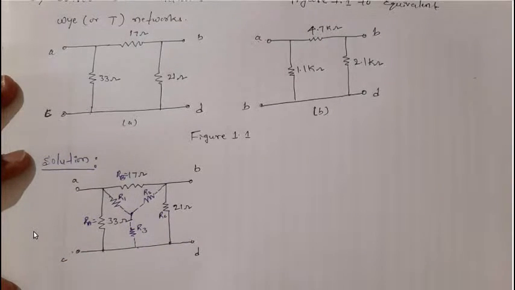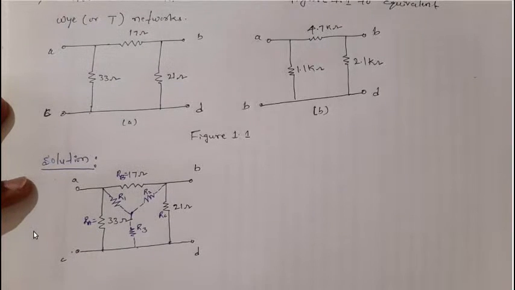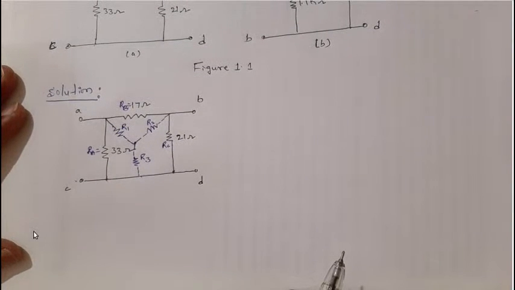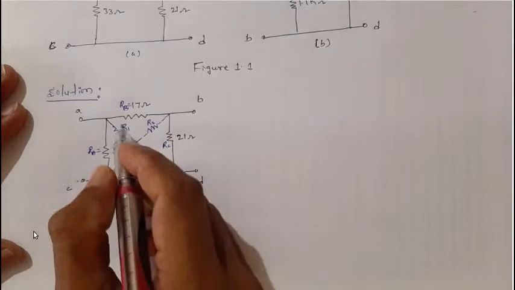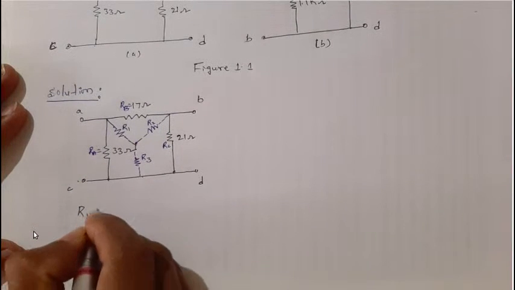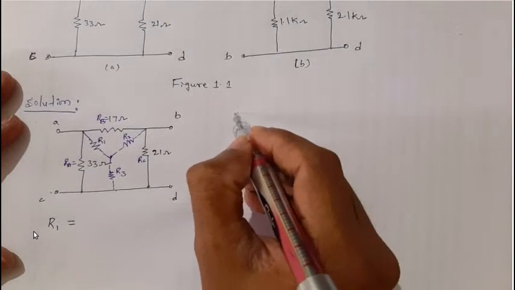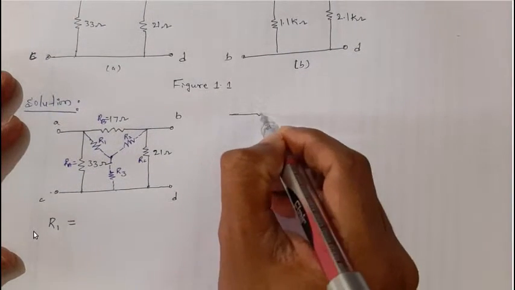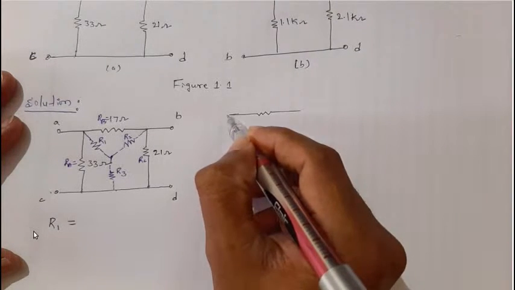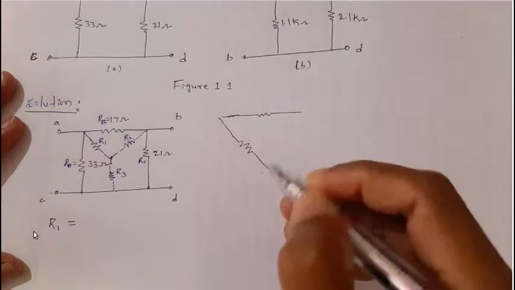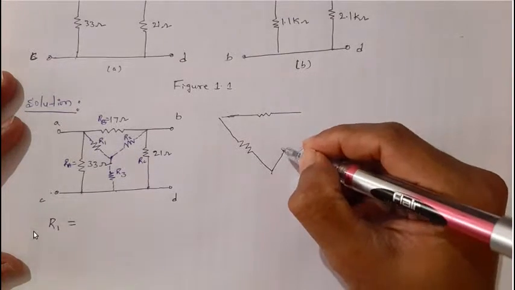Now we need to convert from delta to Y network. For the conversion of resistors from delta to Y network, we have a conversion formula. Let me just make you recall the formulas for converting a given delta network to a Y network.